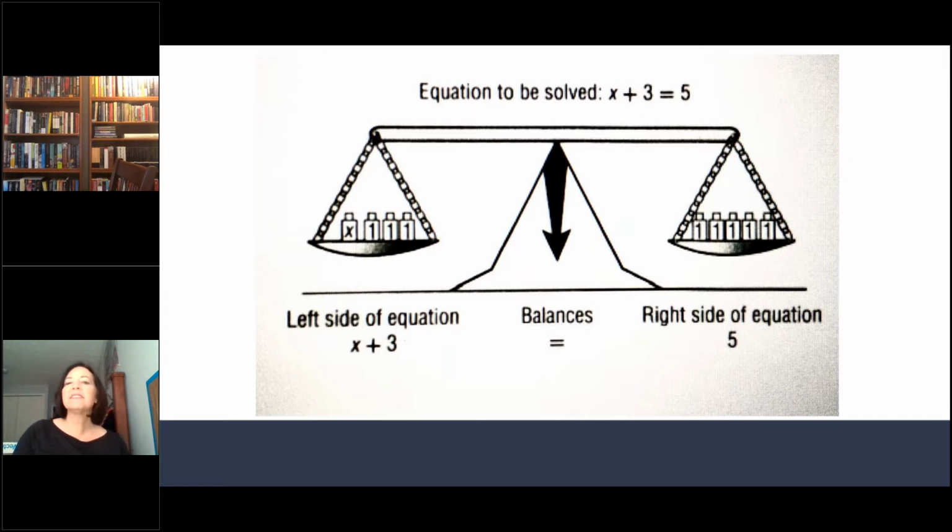So we want to simplify this. We want to solve the equation. And so we're allowed to add things or take things away, but whatever we do, we have to make sure that we do the exact same thing on the left side as we do on the right side. So we can see that we have got ones on both sides, so we could take off 3 ones from both sides.